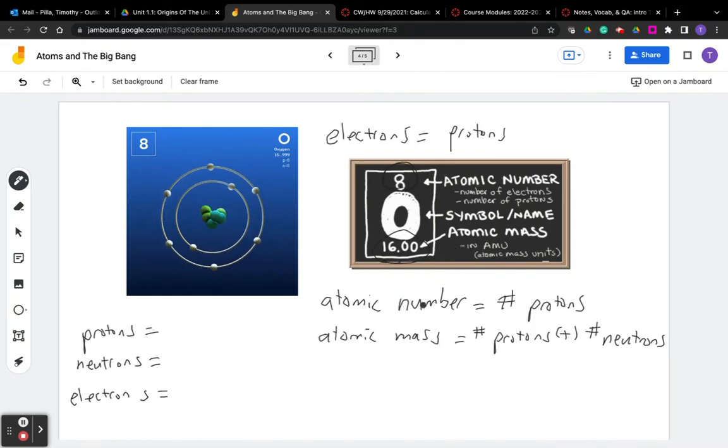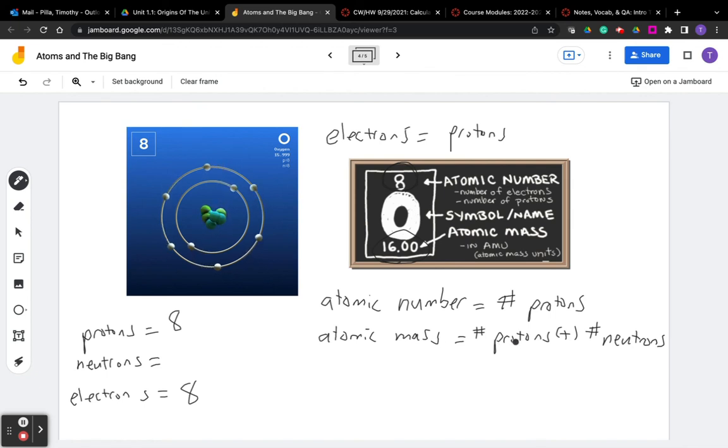We know that the atomic number is the number of protons. So if the atomic number of oxygen is 8, then there's 8 protons. And since electrons equal protons, there's 8 electrons for this basic case. Now, if we want to find the number of neutrons, we can do a little tiny bit of math.